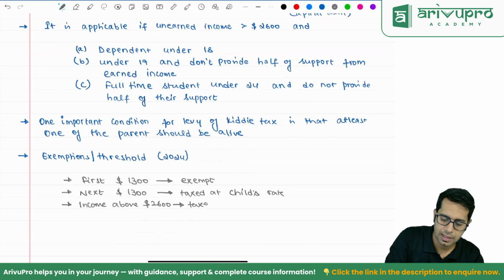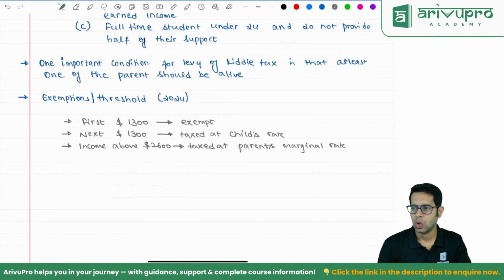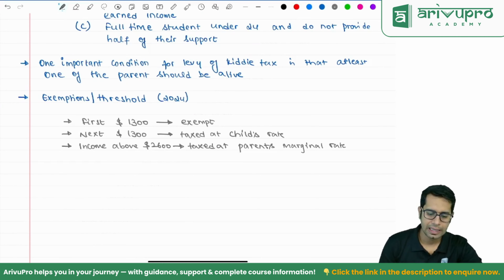So whatever tax rate is applicable to the parent, that rate will apply for income above $2,600. So basically this is your Kiddie tax.